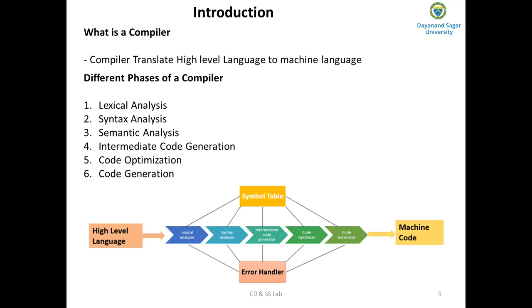Then the next phase is intermediate code generation. This intermediate code generation falls between your high-level language and the machine language. The intermediate code can be represented in several ways, for example postfix expression, quadruples, triples, and so on.